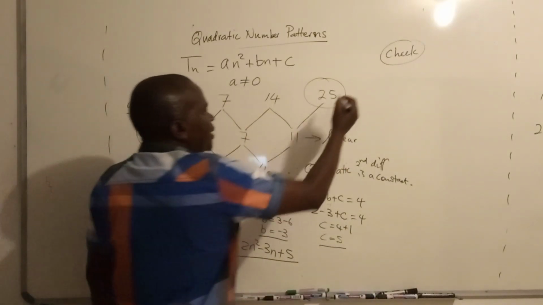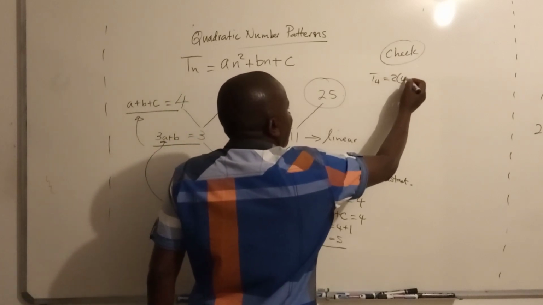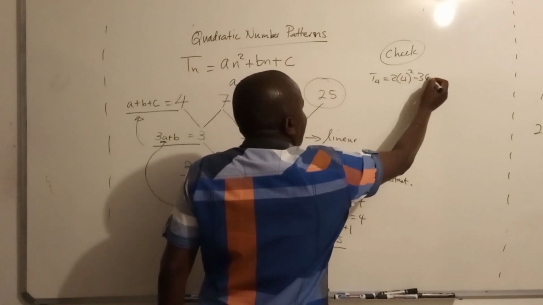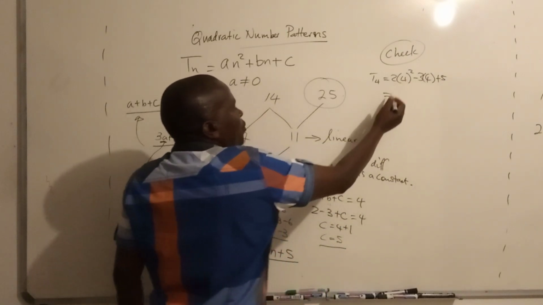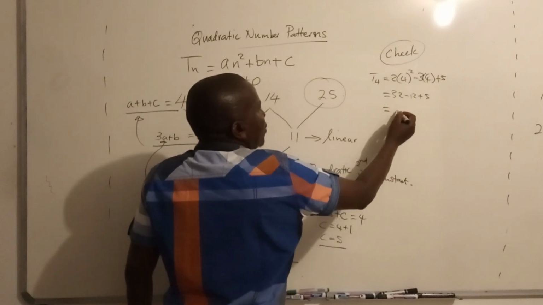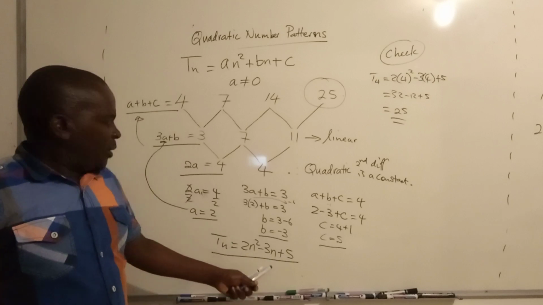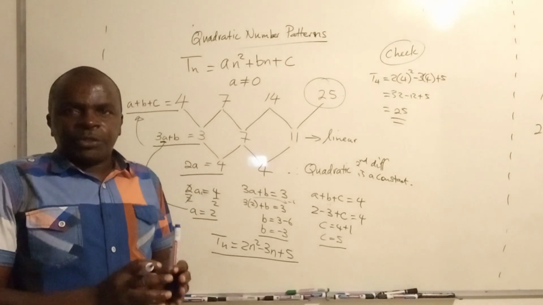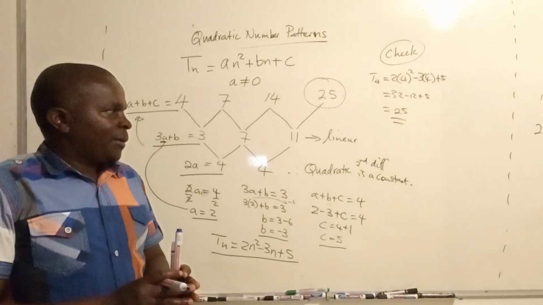You say T4 is equal to 2 times 4 squared minus 3 times 4 plus 5, which is equal to 2 times 16, 32, minus 12 plus 5, which is equal to 25. So this general expression is giving us 25 after substituting a 4, which is our position. So it means term number 4 is equal to 25.